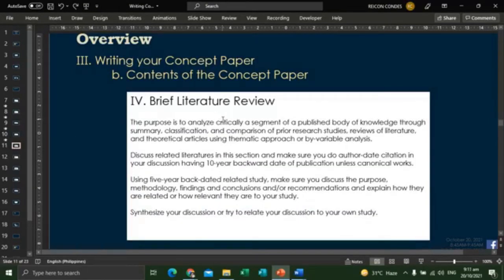So going back, for the brief literature review, this will be the foundation of your concept paper. The process of doing the concept paper is that you should read first. Ito ang dapat na mauna na step ninyo. Dapat may nabasa na kayo, nakapag-scoping na kayo ng studies, nakapagtingin-tingin na kayo ng mga procedures, nakagather na kayo ng idea kung papaano at kung tungkol saan at ang mga rudiments ng inyong concept.